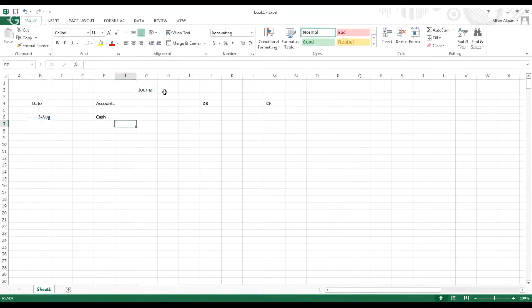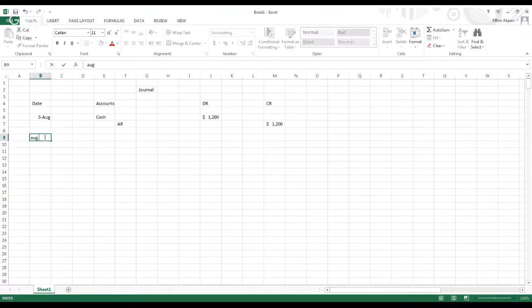We also have accounts receivable, and we're going to debit that for $1,200, and then we're going to credit accounts receivable for $1,200.